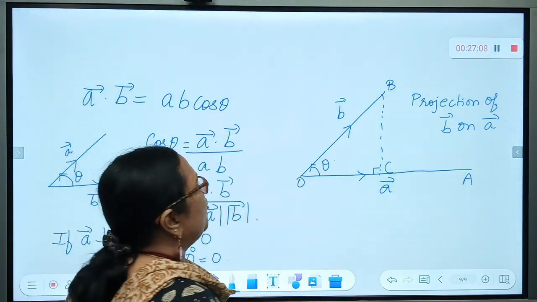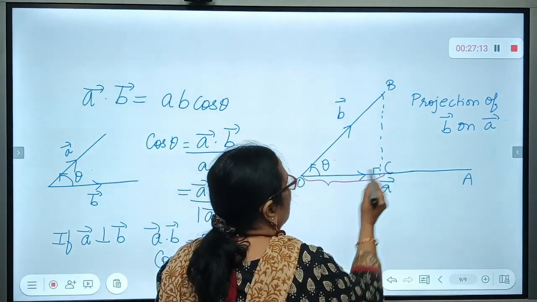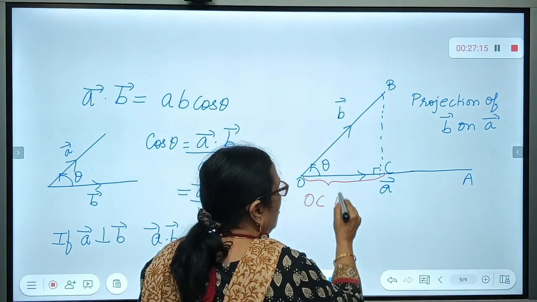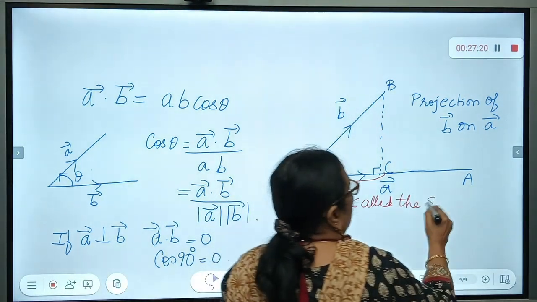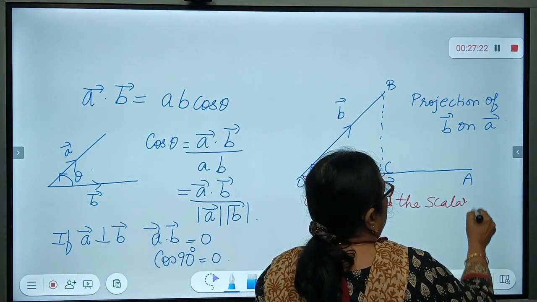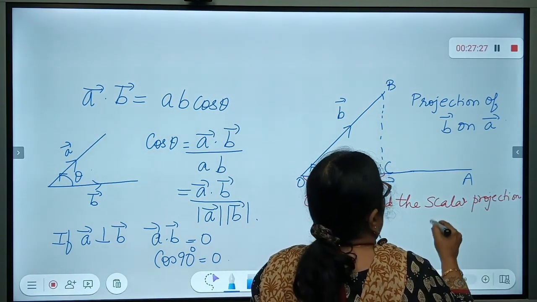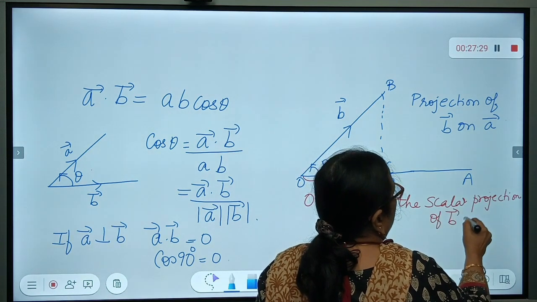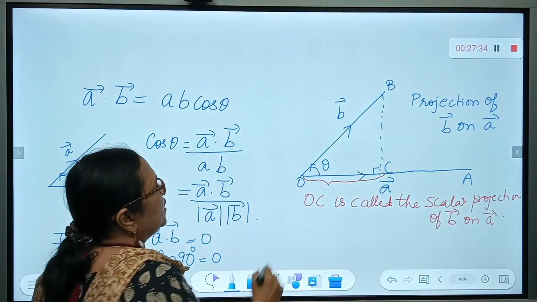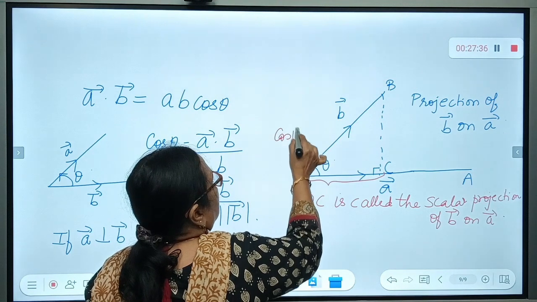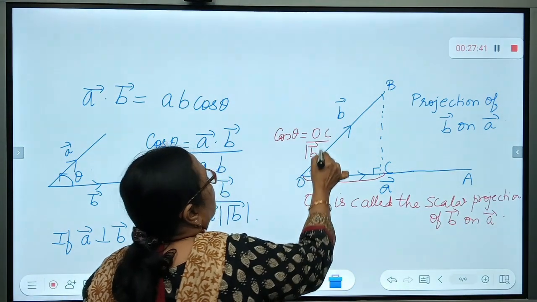The projection of B vector on A vector is nothing but the length of OC. OC is called the scalar projection of B vector on A vector. Now what will be OC? You know that cos theta is equal to OC by modulus of B vector.